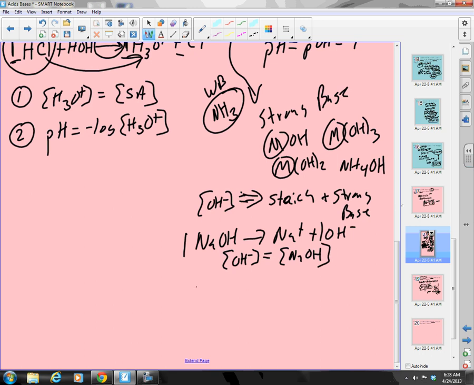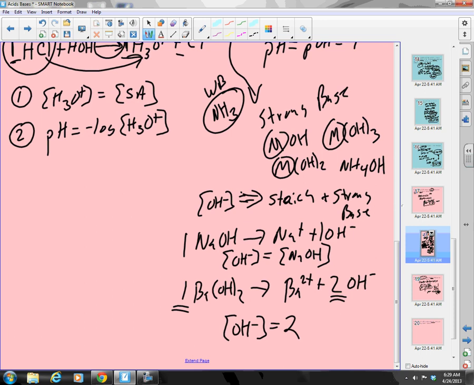But what if I have barium hydroxide? Barium hydroxide dissolves into barium 2 plus and 2 hydroxides, so for every one of these I have 2 of these. My hydroxide concentration is equal to 2 times my barium hydroxide concentration.